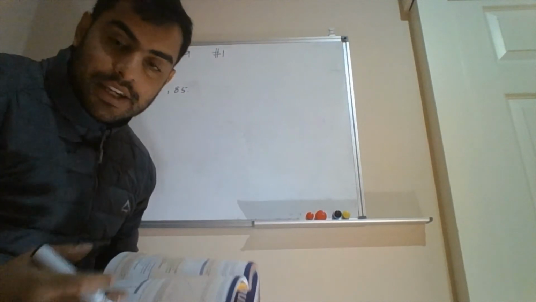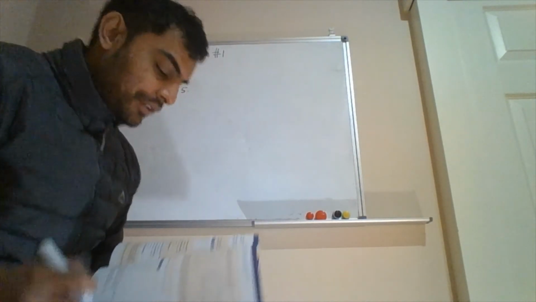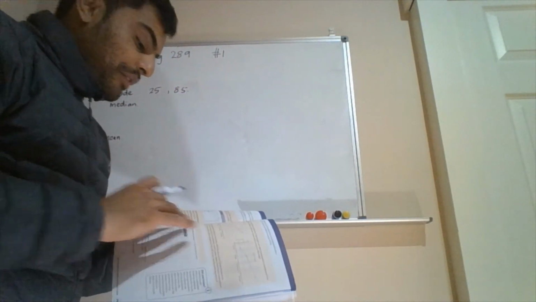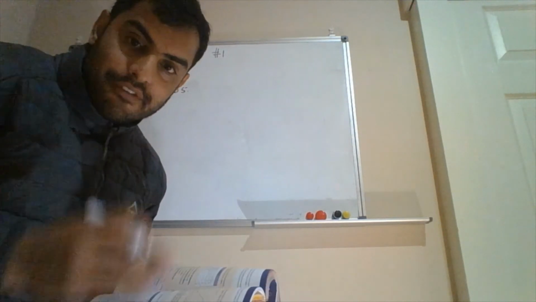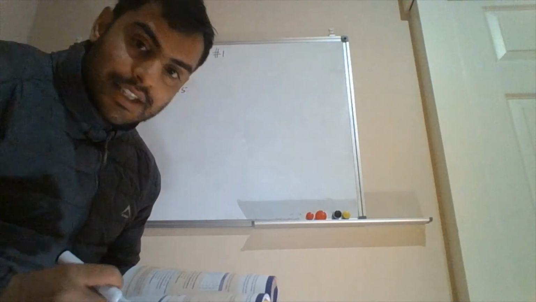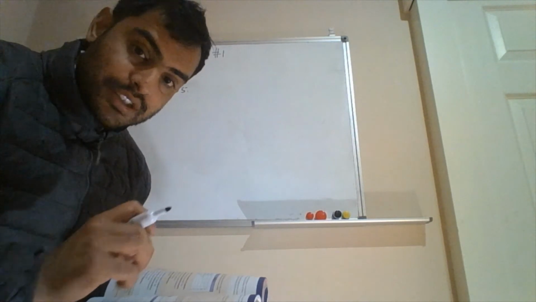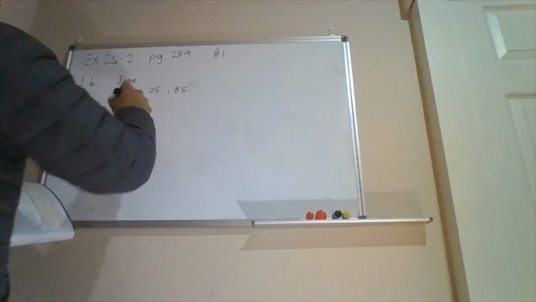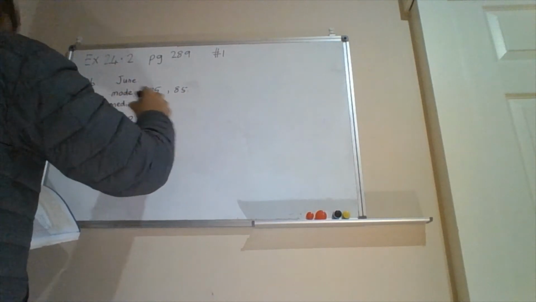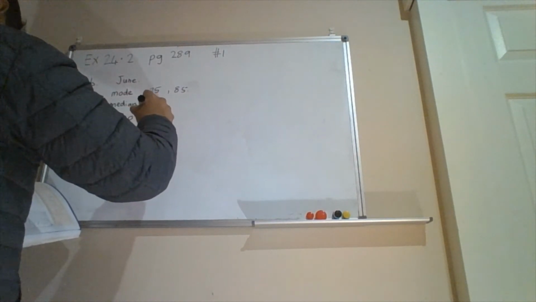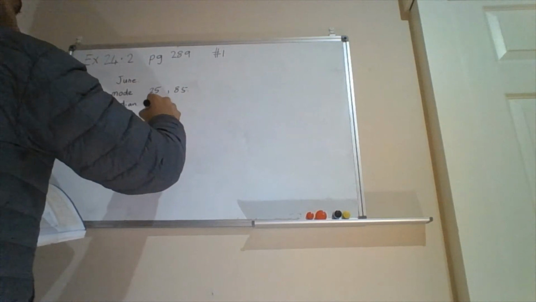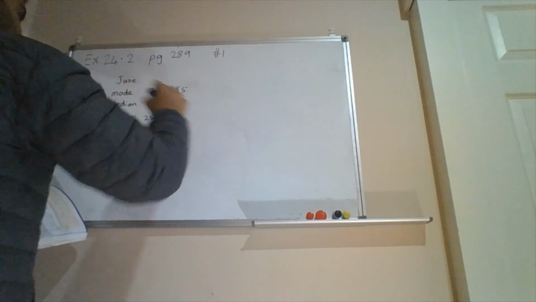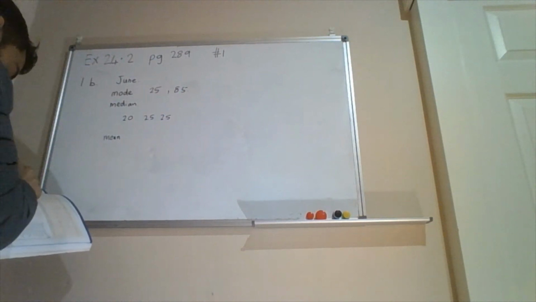Next up, we have the median, which is our middle value. So we would first have to order this data from lowest to highest and then observe it to see our middle value. So our lowest is in the 20s, 20 exactly. Then we've got 2 25s. Let's look for 30.